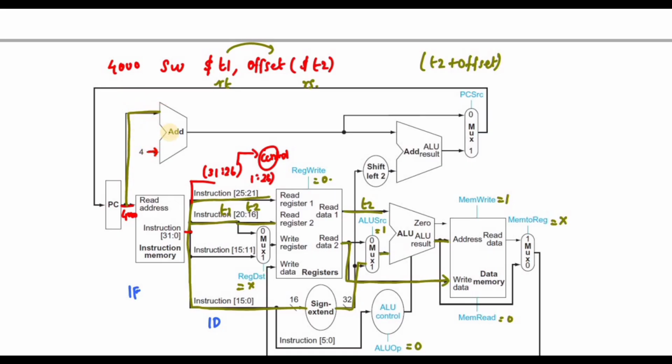The current address 4000 is added with 4, so it will be 4004. After that this has to be 0, because it will be 1 only when a branch or jump instruction is executed. Then it goes here, and the PC will point to 4004. This is how store word works.